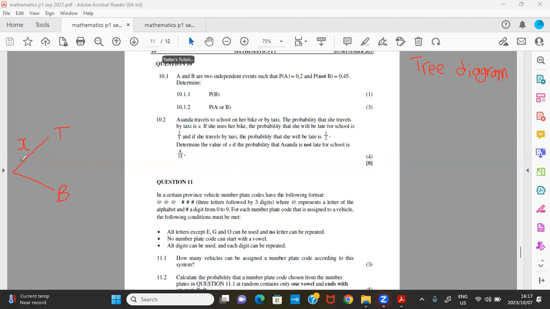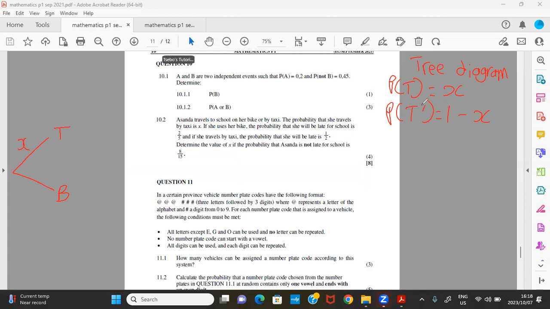What is the probability that Asanda will be not traveling by a taxi? Maybe it might make sense. So remember, it's the complementary rule. I even gave you guys a clue. So the probability that you will be traveling by a taxi is X, right? So the probability that you will not be traveling by a taxi is what now? It's going to be 1 minus X, right?